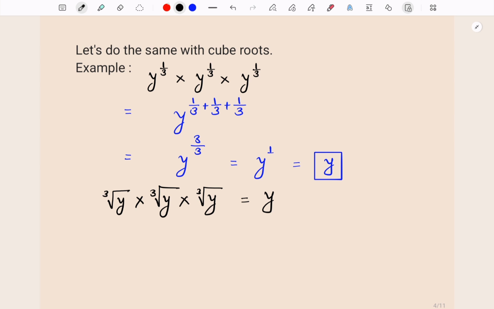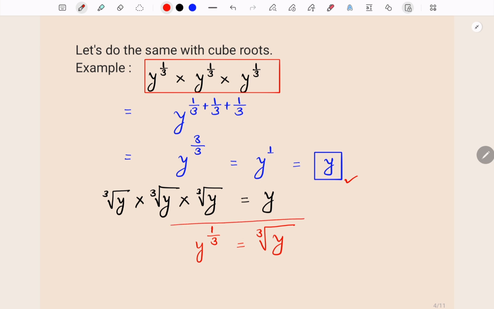But from this example, we just saw that if we multiply y raised to the power 1 over 3 three times, we also get y. So it means that this y raised to the power 1 over 3 must be equal to cube root of y. Again, this is not a new rule. This is just a new way of writing roots, because fractional index means root.